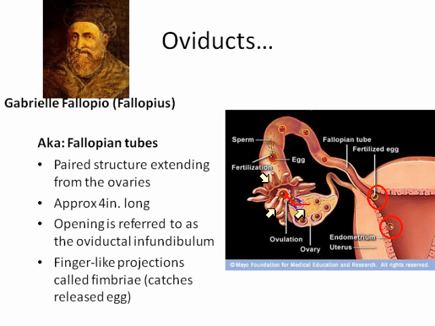When we talk about an ectopic pregnancy, what an ectopic pregnancy is, it's an egg that has been fertilized within the oviduct itself, and the egg does not pass through the oviduct.